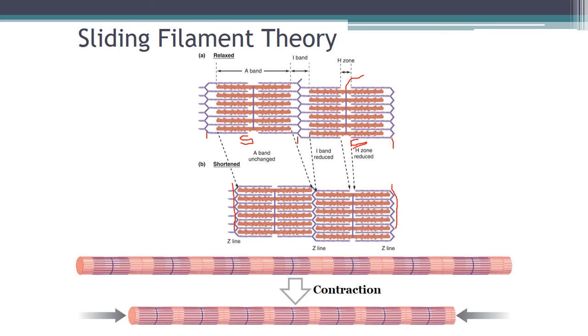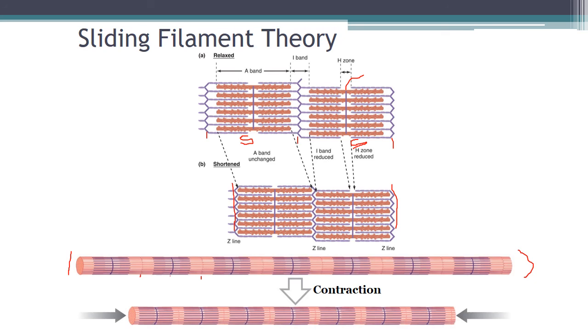Now when you look at this process occurring in a myofibril, what we have between the two brackets there is an individual myofibril. In the myofibril, you can see your individual sarcomeres. Right there where these two red lines are, those are Z lines, and everything between the Z lines is a sarcomere.